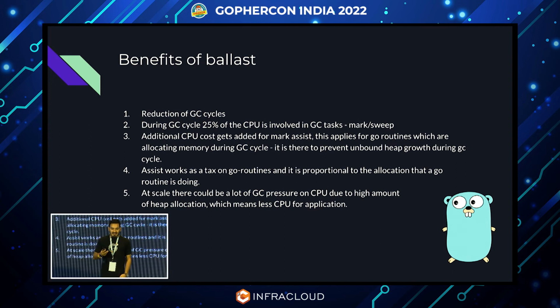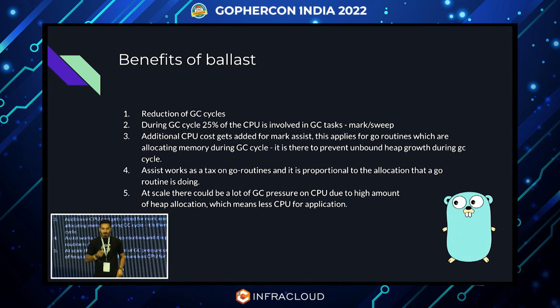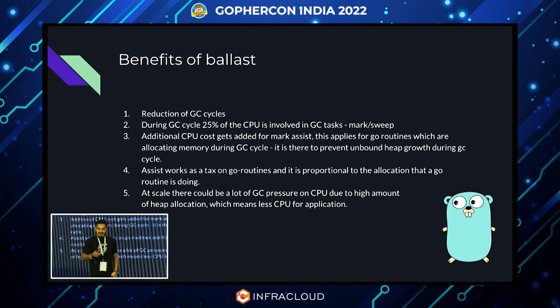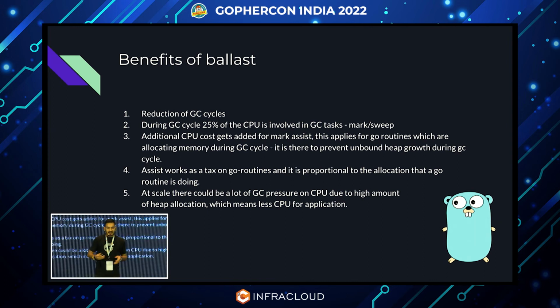Third is the mark assist, because in each GC cycle, mark assist is happening, so that's also more CPU available to our application. And at scale, if a lot of GC cycles and GC assists are happening, it means less CPU for our application. So we can avoid that.